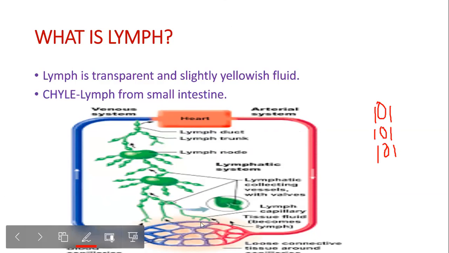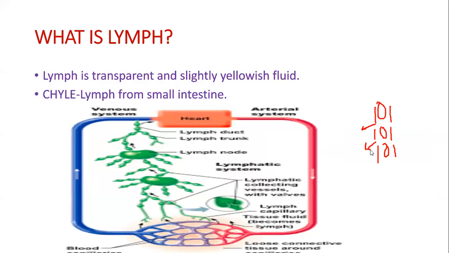I'm talking about this structure over here. So there is plasma that leaks out of these cells. This plasma is nothing but called lymph. Not just the plasma, but very small proteins are also oozed out. Not the large proteins, but very small proteins. So this is called lymph.